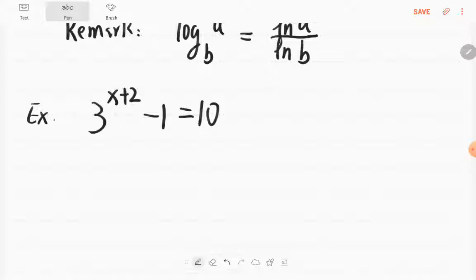So we add 1 on both sides, so you have 3 to the x plus 2. Here this 2 is in the power, not plus 2 outside, okay? This 2 is part of the exponent. It is equal to, adding 1 on both sides, 11 here, right?